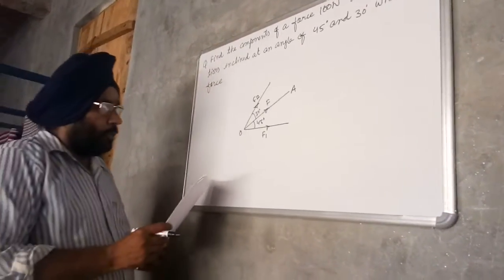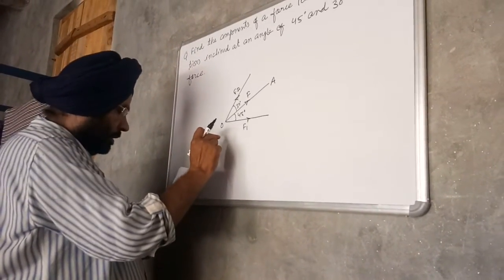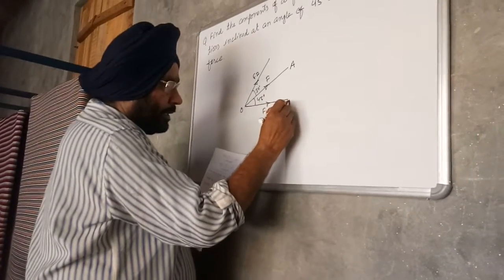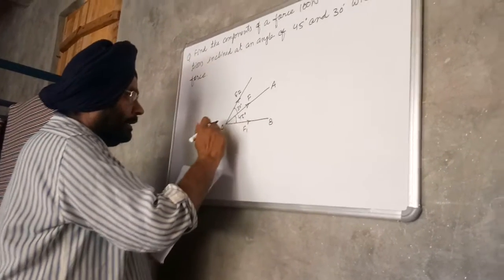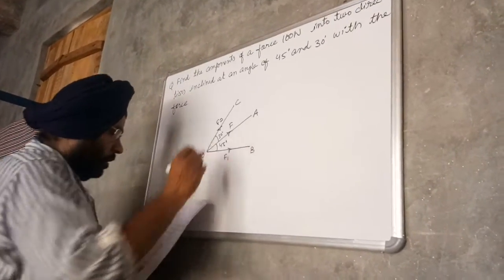Force F is represented by the vector OA, component F1 by the vector OB, and component F2 by the vector OC.